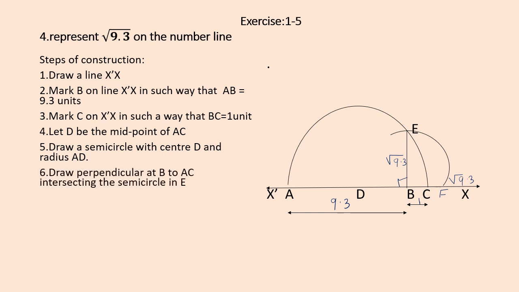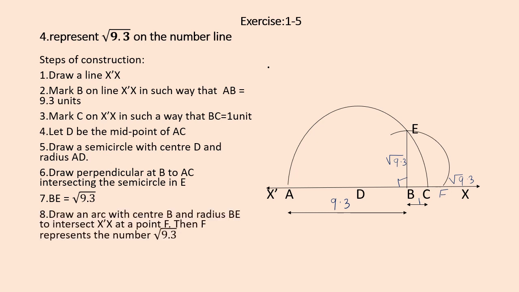Draw a perpendicular at B to AC intersecting the semicircle in E. BE equals root 9.3. Draw an arc with B as center and BE as radius to intersect XX dash at a point. Then the point F represents root 9.3.